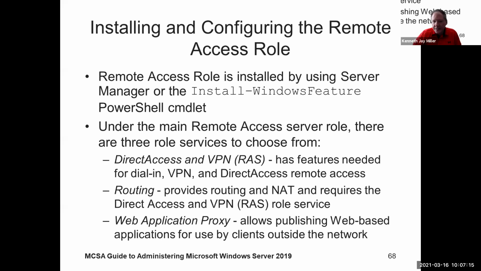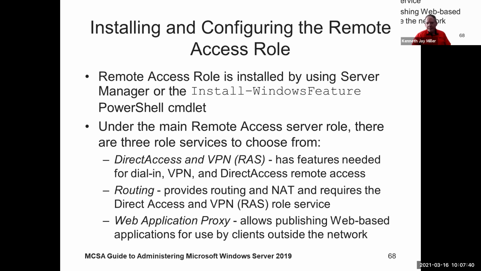Now, again, we can do all of this stuff that we typically do with the GUI interface. We can do it from the command line as well with PowerShell. Now, we're going to have a lab later on in the course where we'll devote all of the lab to PowerShell. So you'll get a good look at PowerShell as well.